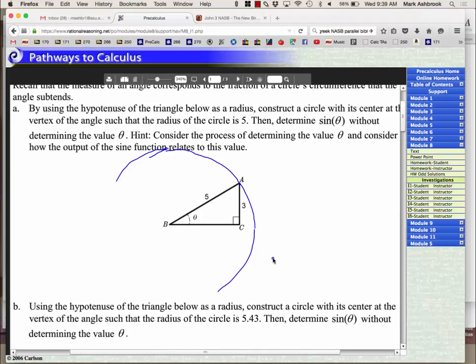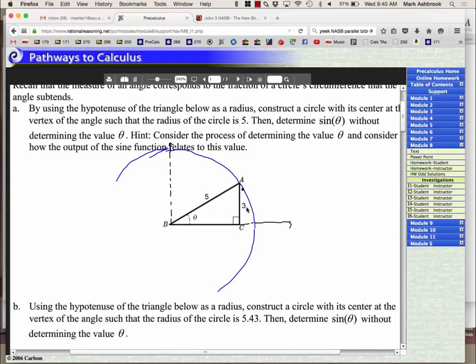Okay, this is what you should have had for your circle. So how do we express, actually, we're expressing what? AC in radius lengths, or as a fraction of the radius.